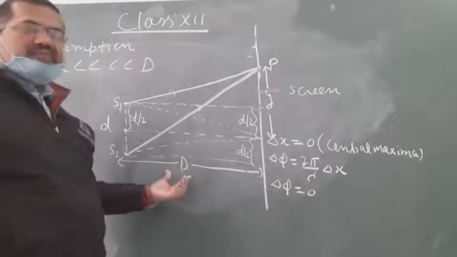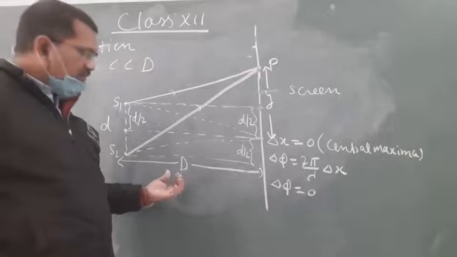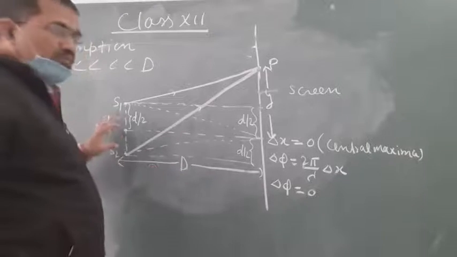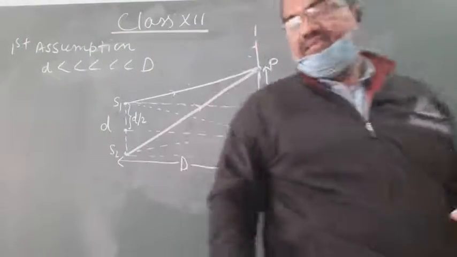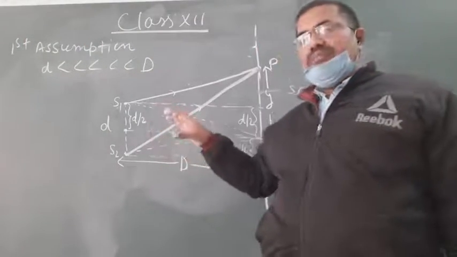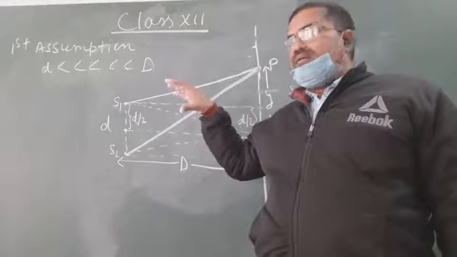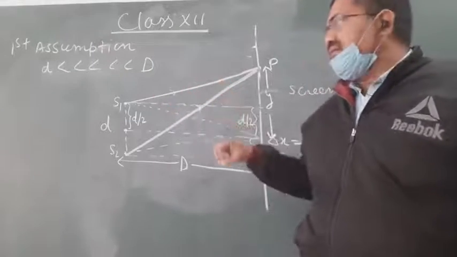Because if capital D is very far, very large, then the sources are kept very far, and the rays coming from far sources look like parallel.